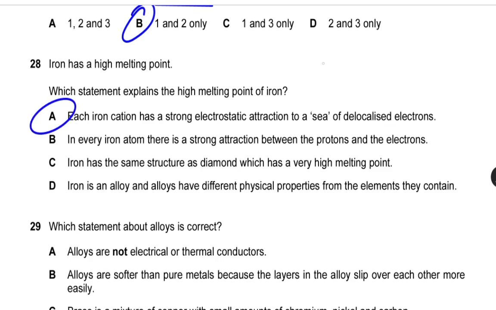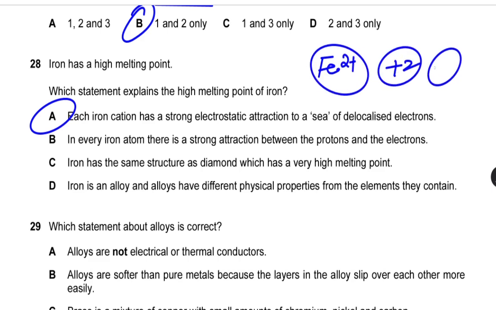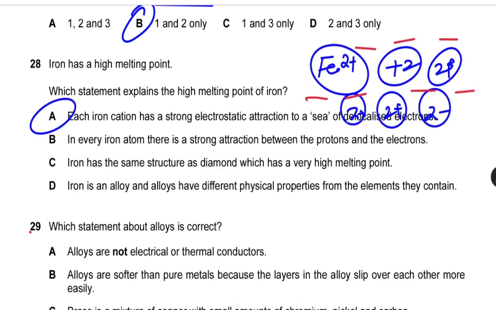If the iron cation is there, 2 plus charge, 2 plus charge, 2 plus charge, then the electrostatic force of attraction will be there between the positively charged ions and delocalized electrons. It shows the metallic bonding in iron. So this is correct. In every iron atom there is a strong attraction between protons and electrons.